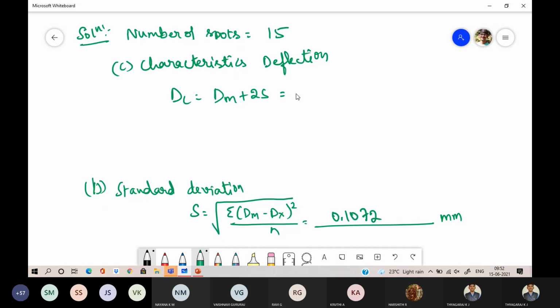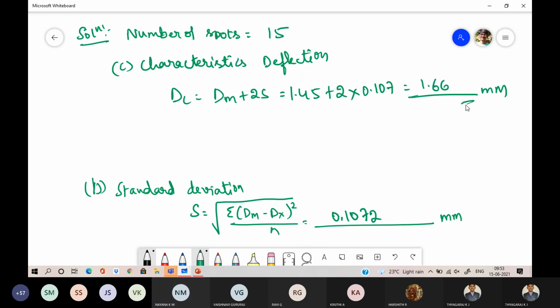So what is the dm we have got? dm is 1.45. So 1.45 plus 2 into the s value, 0.107. Calculate the value, that will be your characteristic deflection. How much are you going to get? Check it. 1.66.